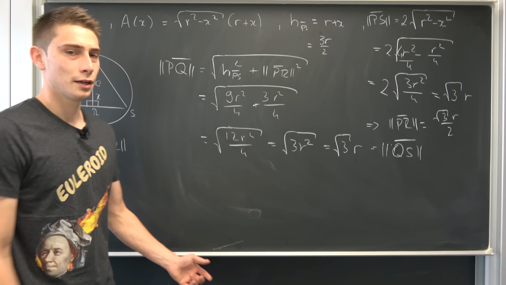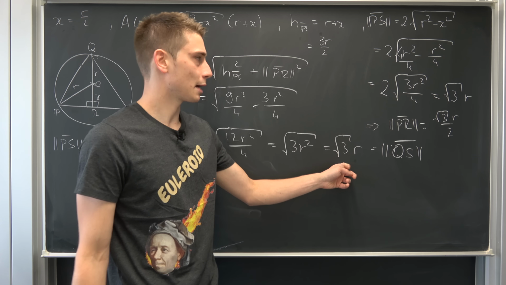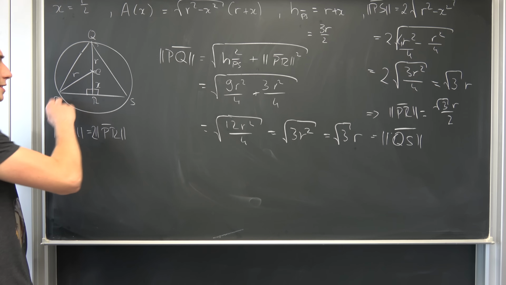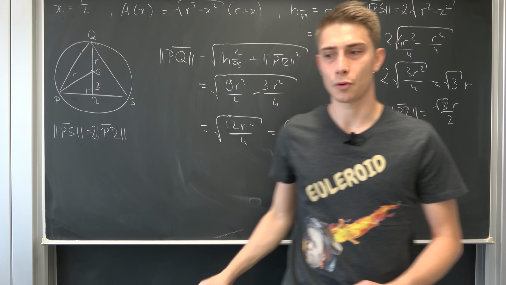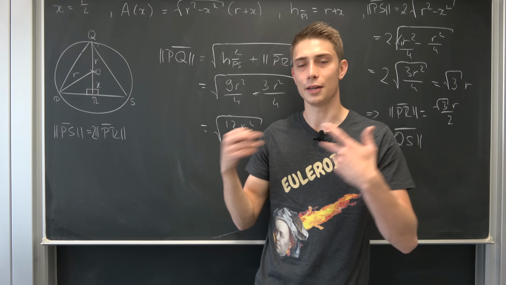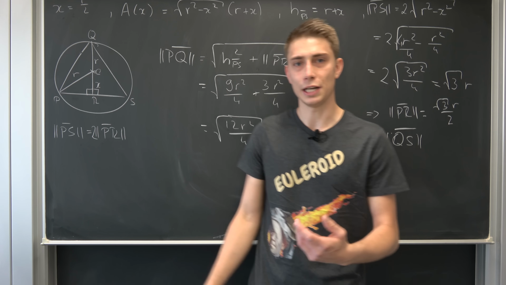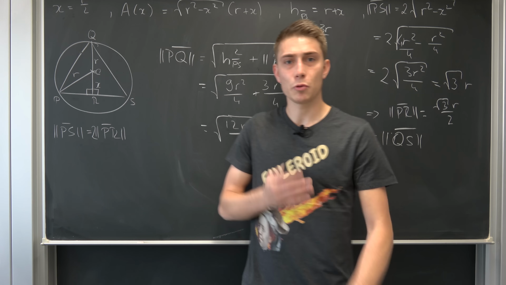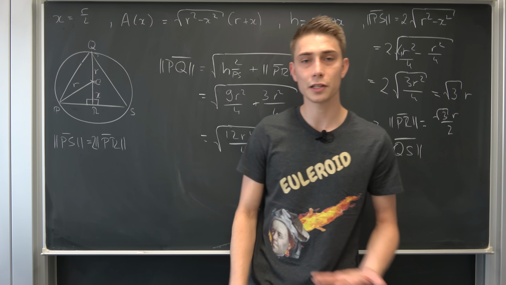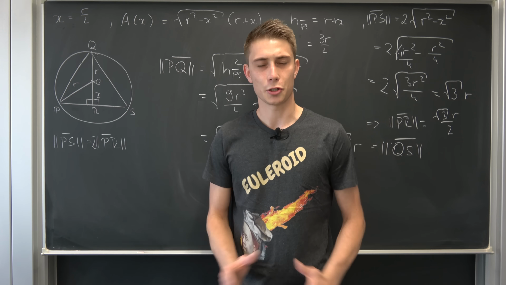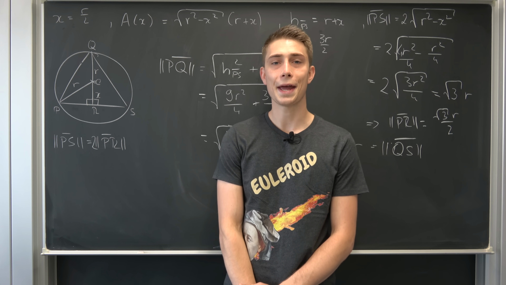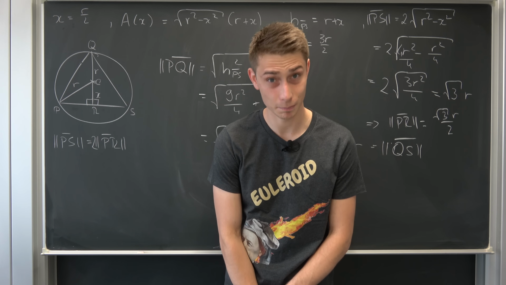And you see, our square root of 3 times r was also our side PS right here that we had. So making this side and this side equal, well, and if all side lengths in a triangle are equal, that makes it an equilateral triangle. That's really a hard word to say, I don't know why. And then we are done. So we have shown that if you inscribe a triangle in a circle, the type of Euclidean triangle with the biggest area is just an equilateral triangle.